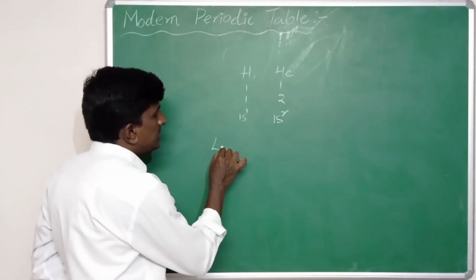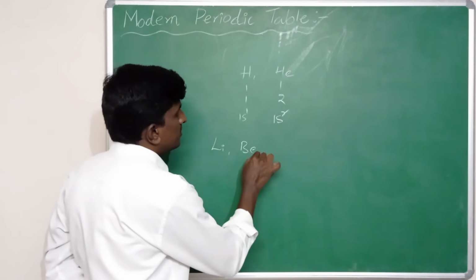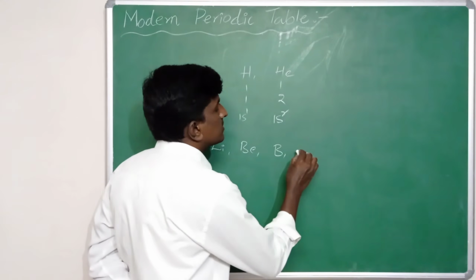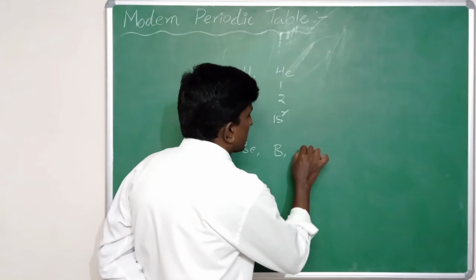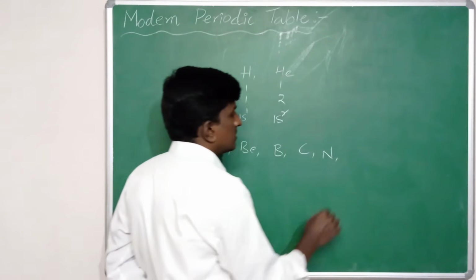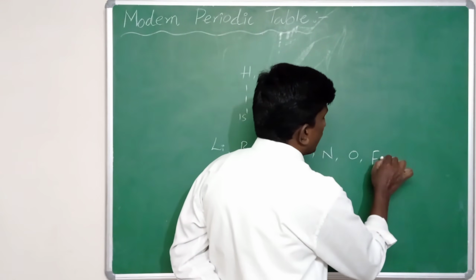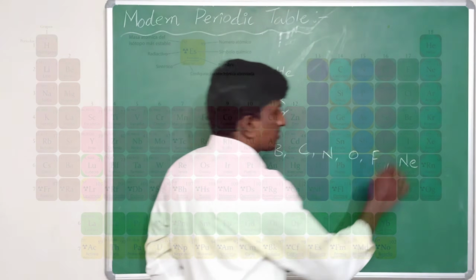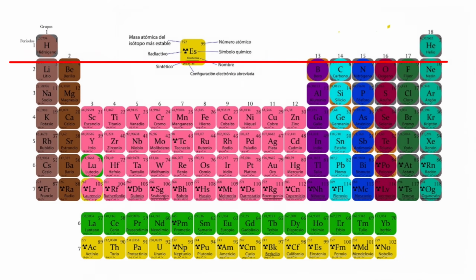Similarly, lithium, beryllium, boron, carbon, nitrogen, oxygen, fluorine and neon have two main shells in them.